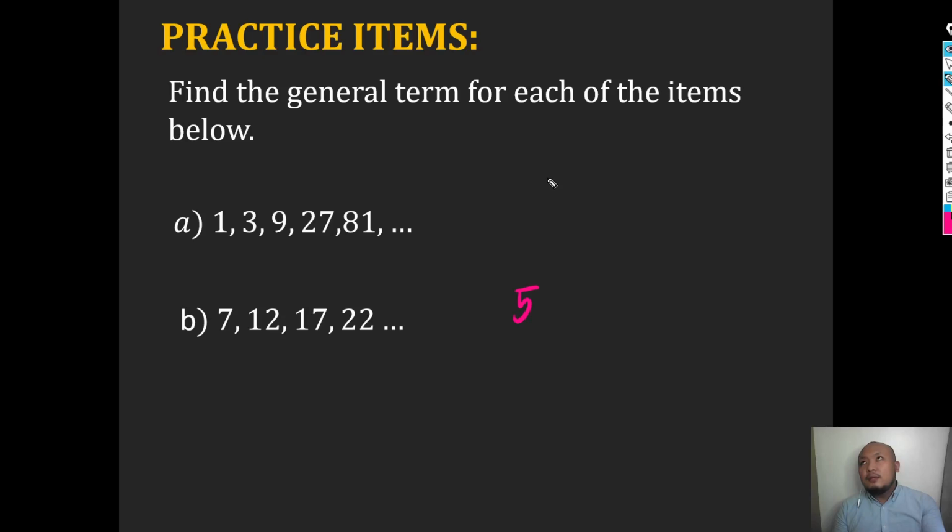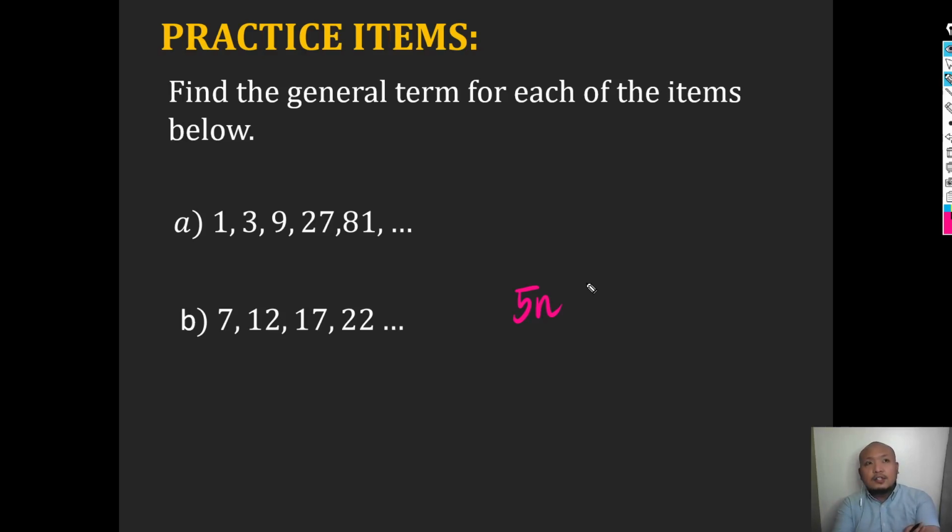Remember your domain now acts as your independent variable. So instead of 5x, I go 5n, where n will still be the natural numbers. But it's not enough that it's just 5n.